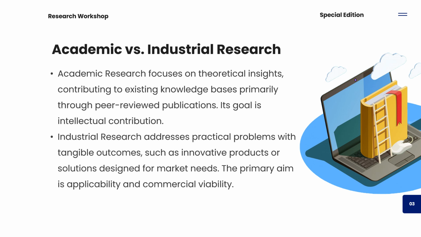This is what you've discovered, this is what you've seen, this is what you have compared, this is what you have explored, and this is what you think can contribute to the intellectual capacity of our state, of our society. All right. And then industrial is practically solving industrial problems.